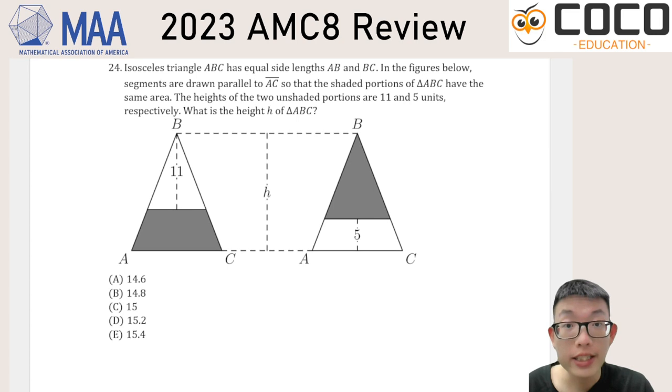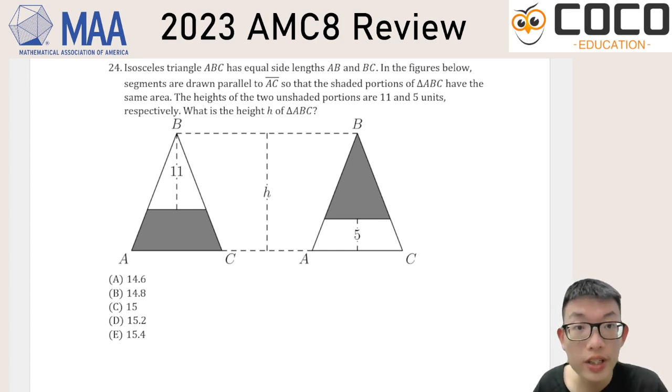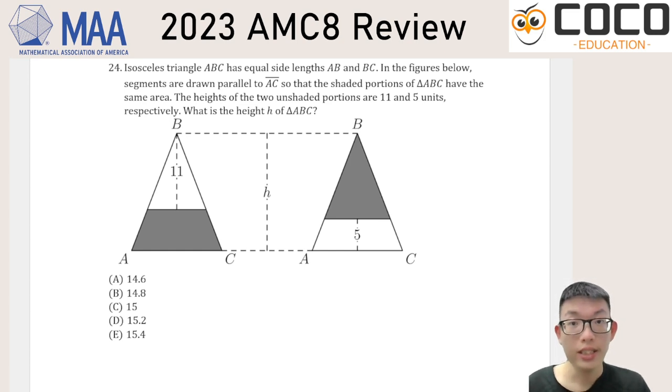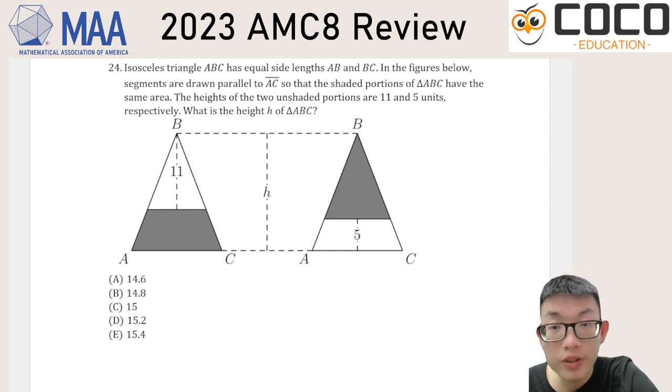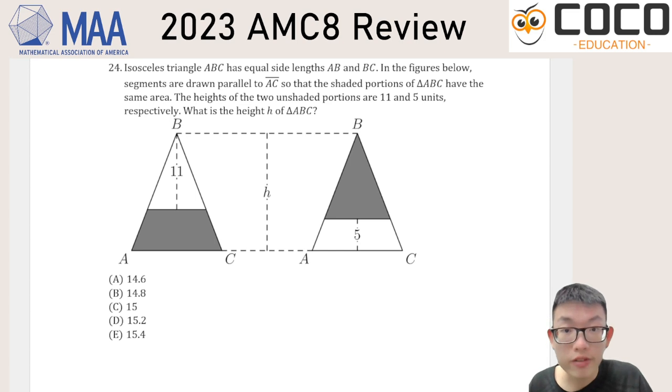So here we have our isosceles triangle ABC, and segments are drawn parallel to AC such that the shaded portions of ABC have the same area. Now they're not half the area, okay? So they are just some portion of the area, and we are basically told that these are the same area if you take a height of 11 on one end and a height of 5 on the other end.